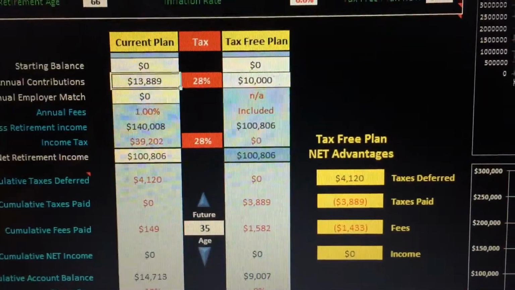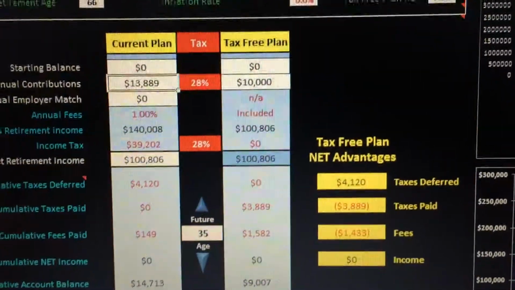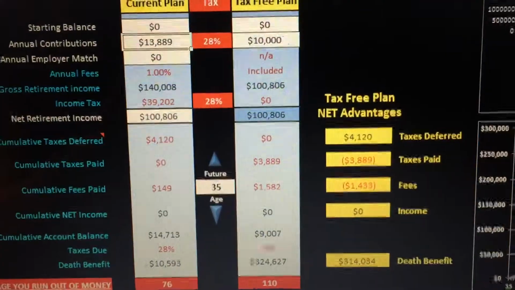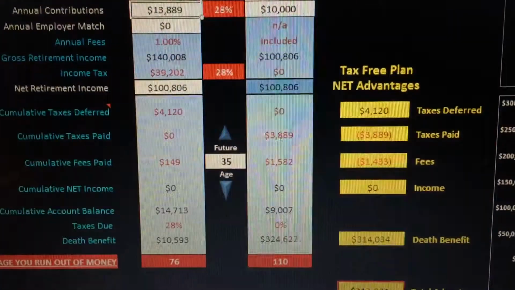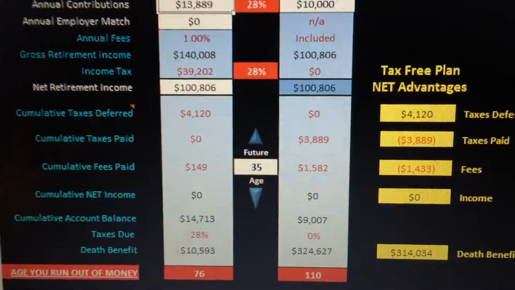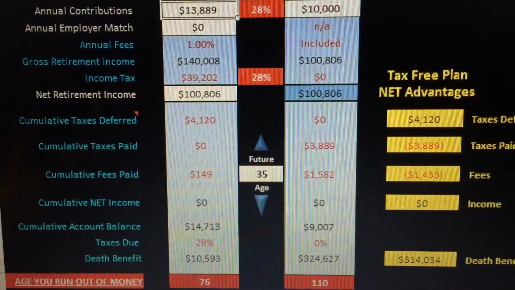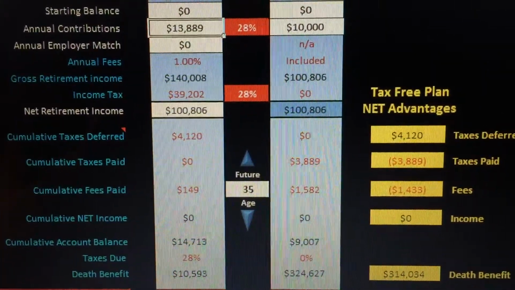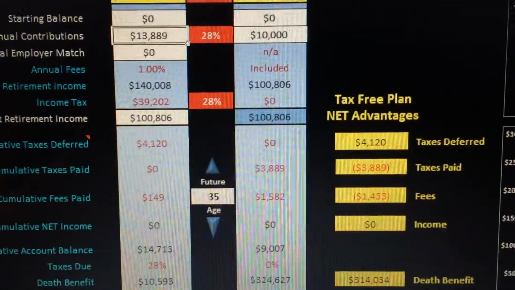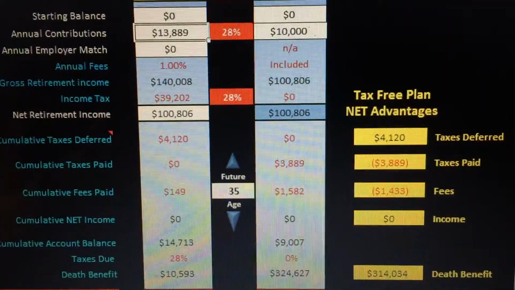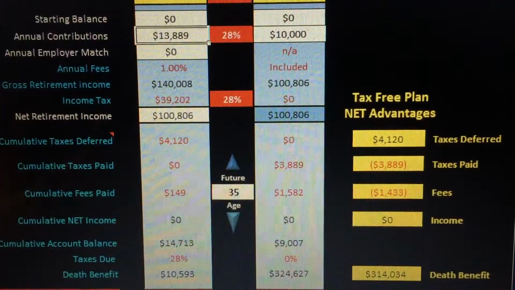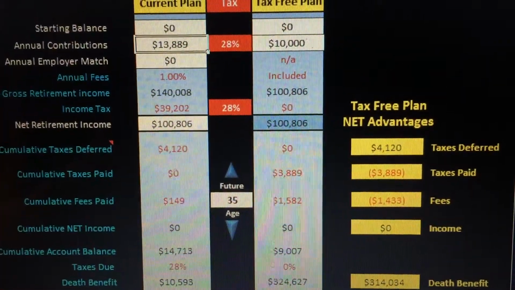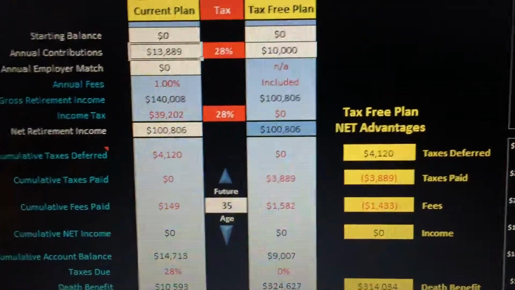And so what this program does here is it computes these figures automatically, okay? So what we have here is a row for accumulated taxes deferred, which the 401k person is deferring, keep in mind, for the next 30 years until they start paying Uncle Sam when they start withdrawing their money starting at age 66.